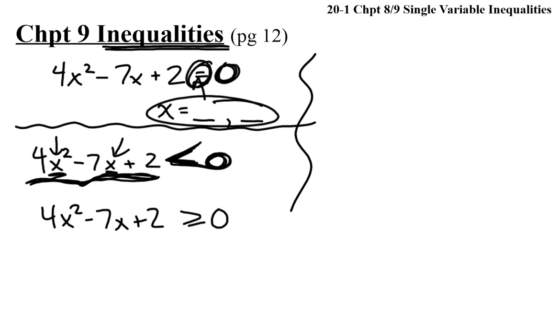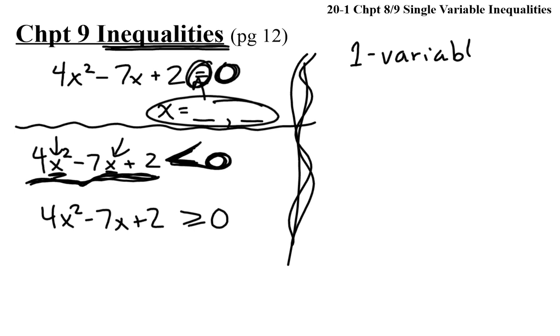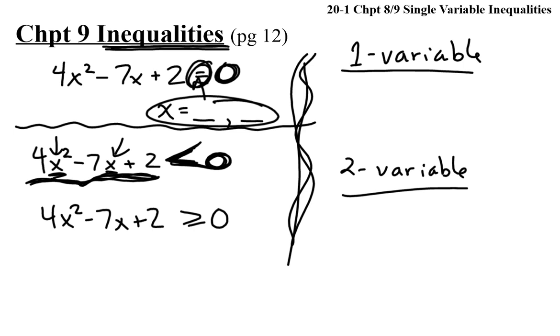The other thing about this particular chapter that's a little goofy is we're going to talk in terms of situations that are 1 variable and situations that are 2 variable. 1 variable, is a linear. When I have 3x minus 7 is greater than 2. 1 variable, we're dealing with an x.